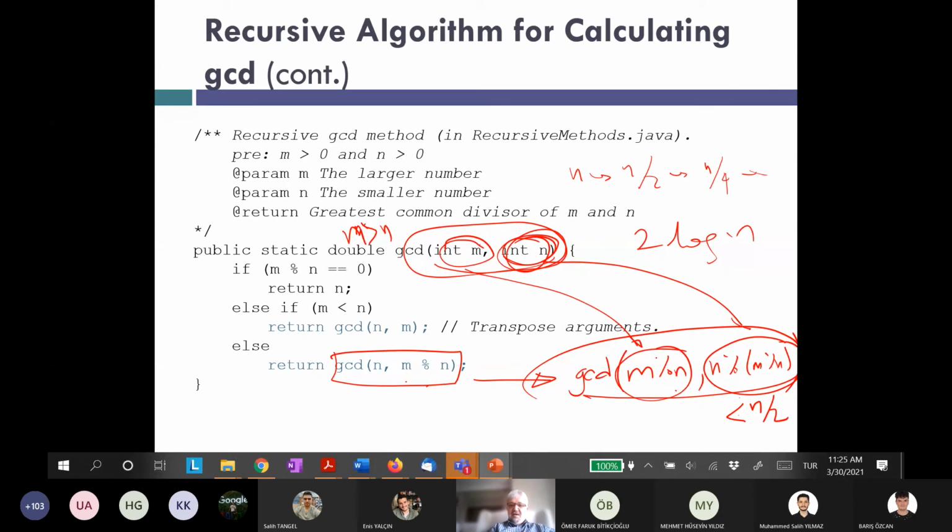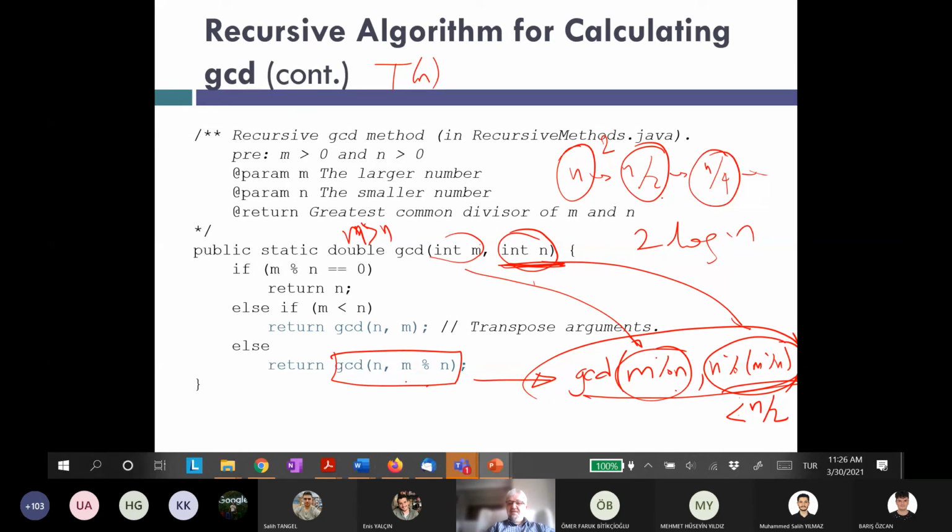Okay? So we can write the running time based on this n, and m is not very important in that case. Since how big m is doesn't matter, as you see here, the value of n reduces twice. And n becomes n over 2 after 2 recursive calls, right?